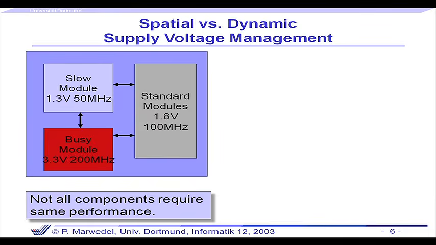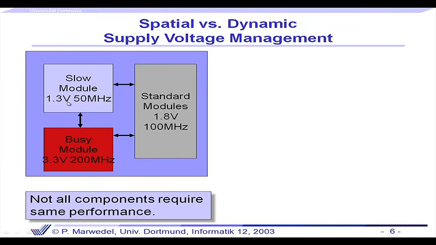I am slowing it down and reducing the VDD, but for most embedded systems there may be a real time constraint, so we have to meet the deadline. I can do a mix and match of my VDD allocations so that I meet the deadline and at the same time consume less power. For the slow module, I have put 1.3 volt and a much lower frequency, 50 megahertz.